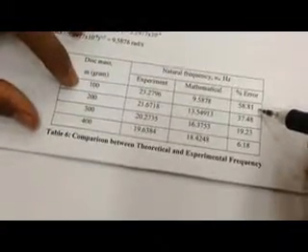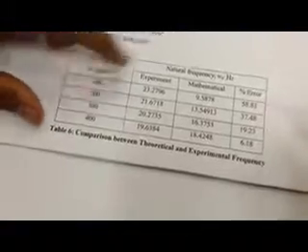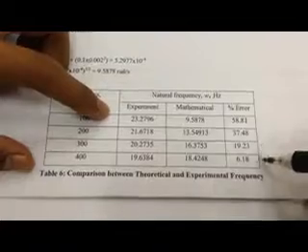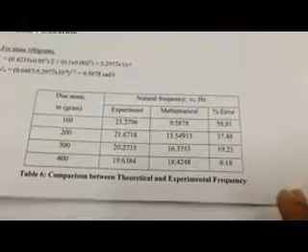This is the error, the difference actually between the experiment and mathematical, for 100 gram, this is the error for 200, 300 and this is the error for 400. So basically this is how we calculate and we get the result for natural frequency.